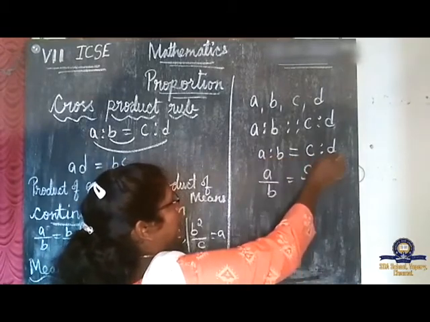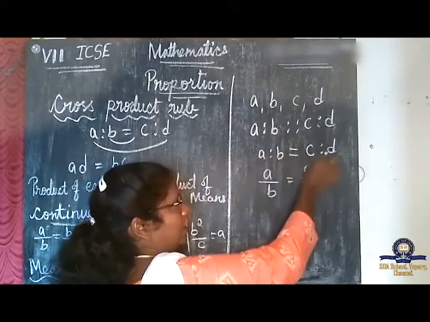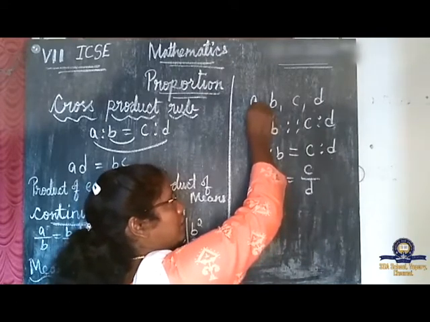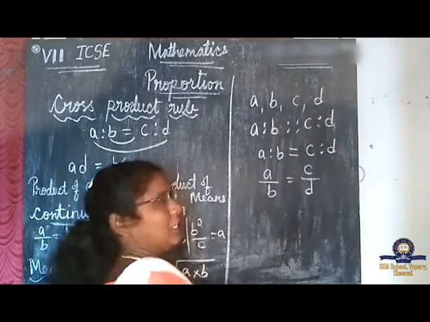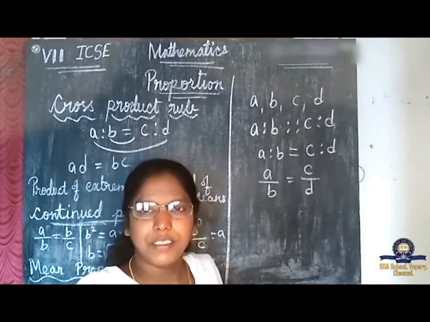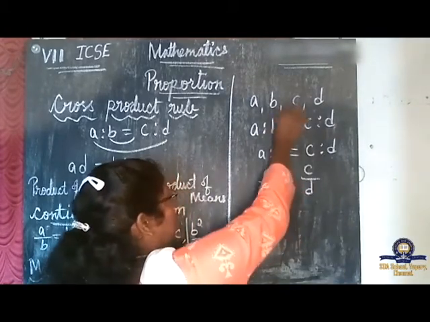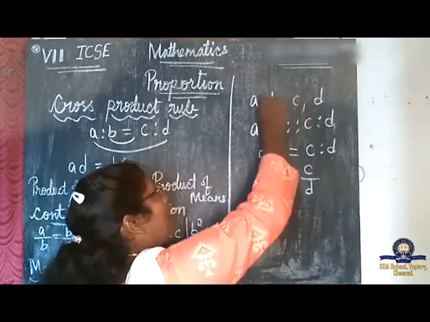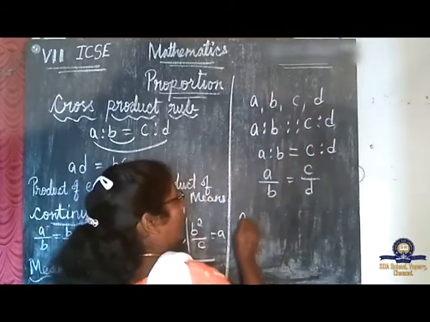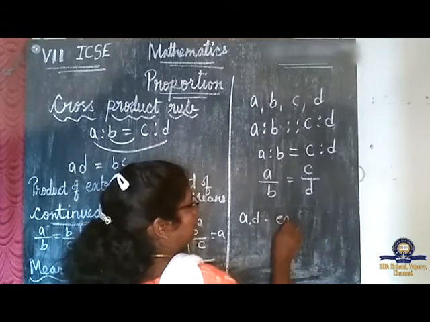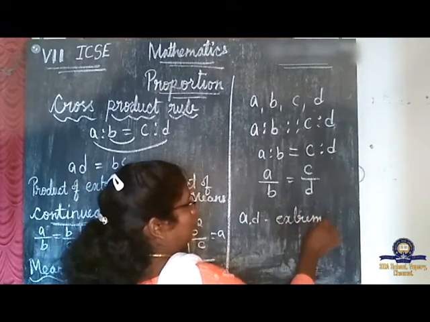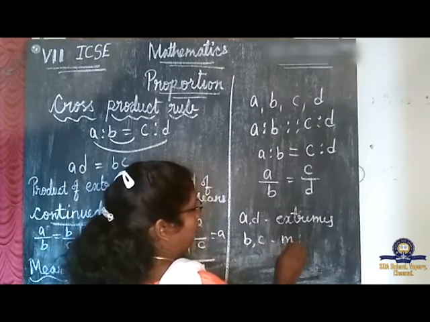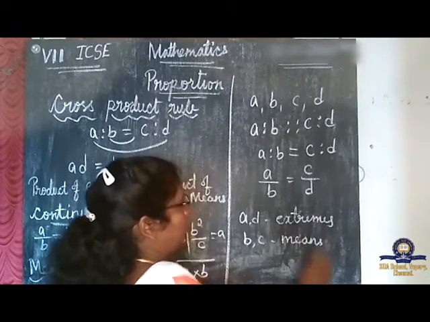A and D, that means the first term and the last term, are called extremes. B and C are called means. This you should keep in mind always. A and D are called extremes. B and C are called means.